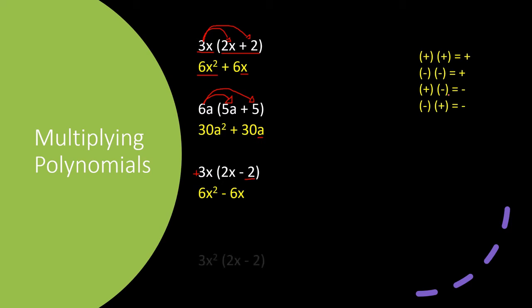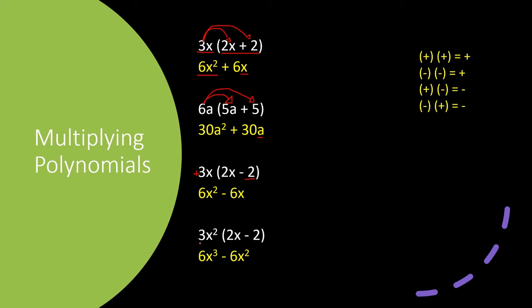Let us look at our next example right here. I have 3x squared that is going to multiply 2x minus 2. So whenever I multiply these two terms first, remember, I'm going to count the exponents that I have right here on the variables. In this case, this 2 is actually representing two x's. So therefore, when I multiply these two, okay, 3 times 2 is equals to 6, and x squared times x is equals to x to the third power, or x cubed.